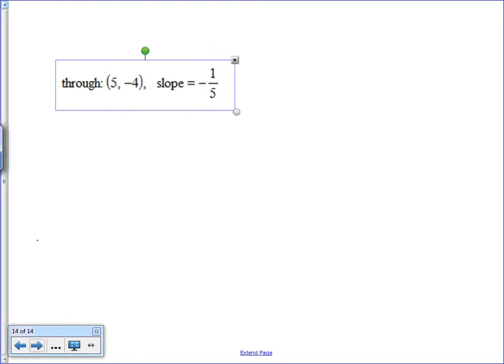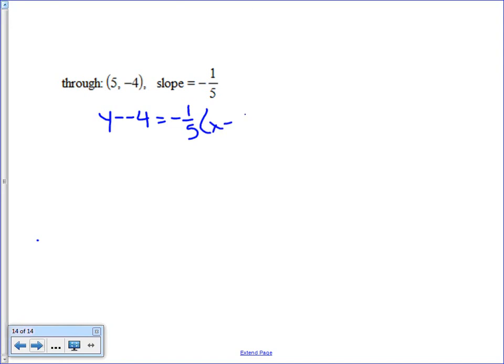One more for the video. So we got y minus y1, or negative 4, equals m, negative 1/5, times x minus 5.